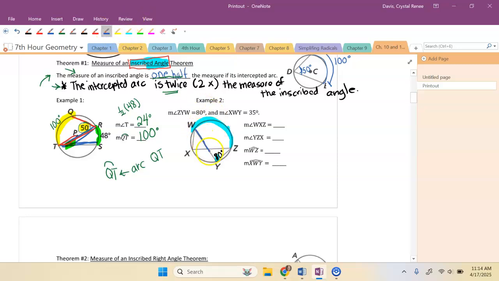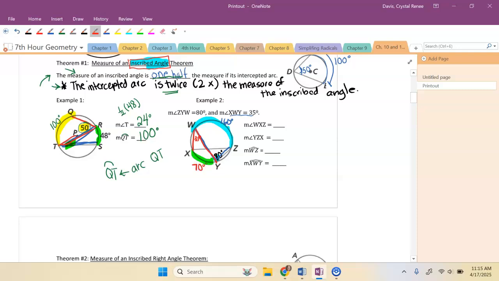Because to draw this angle, we go here and here, so that's its intercepted arc, so this has to be 160. We also know that angle XWY, so this angle right here, is 35 degrees. And if that's 35, this has to be double that, so this has to be 70.